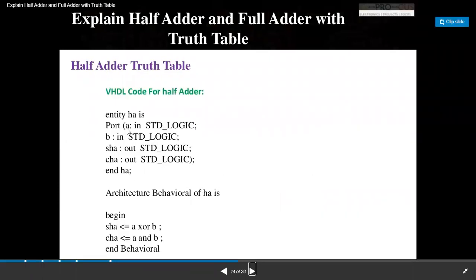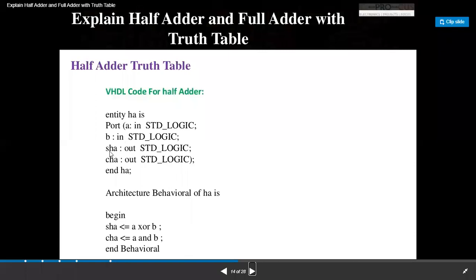Here A is an input of standard logic, STD logic, then B is also input standard logic. Those are the 2 logics we are defining. Then the outputs. Here the entity, we are defining the half adder as HA, small h, small a. That is the name of this entity.